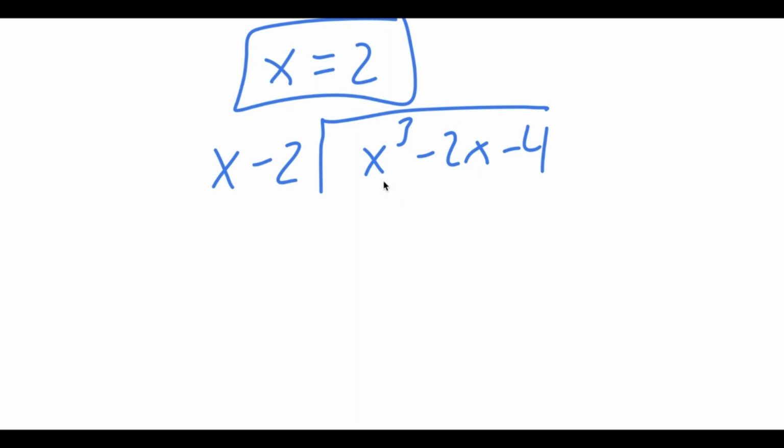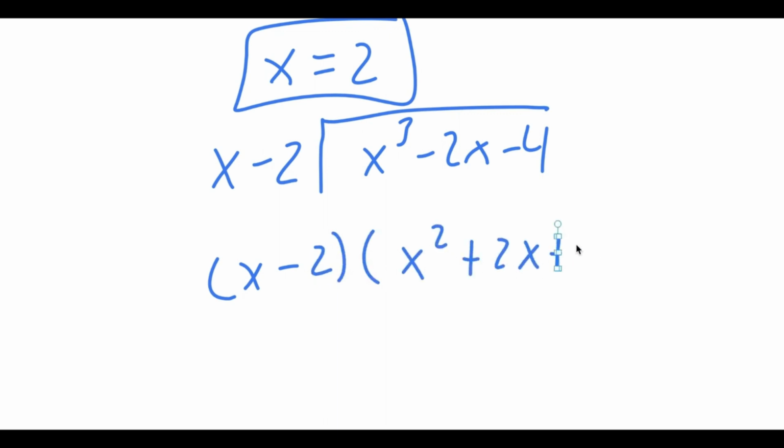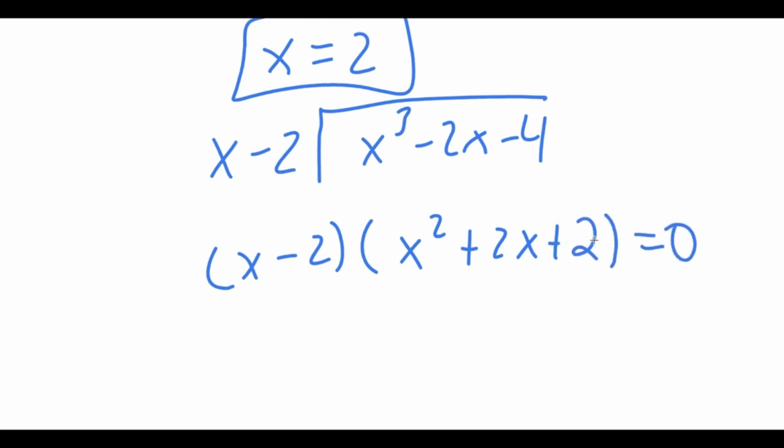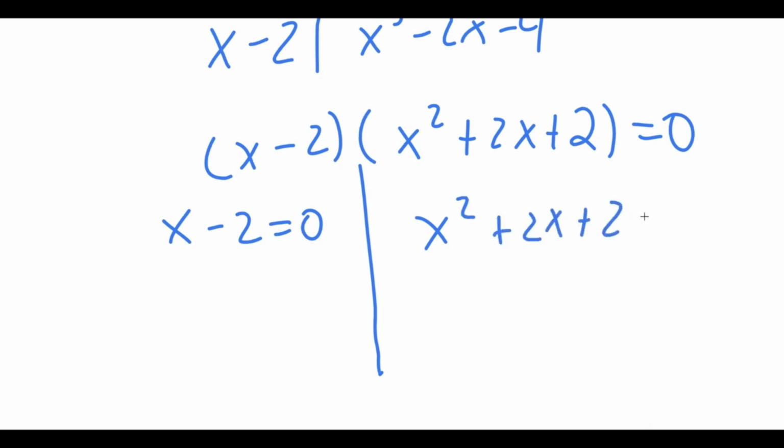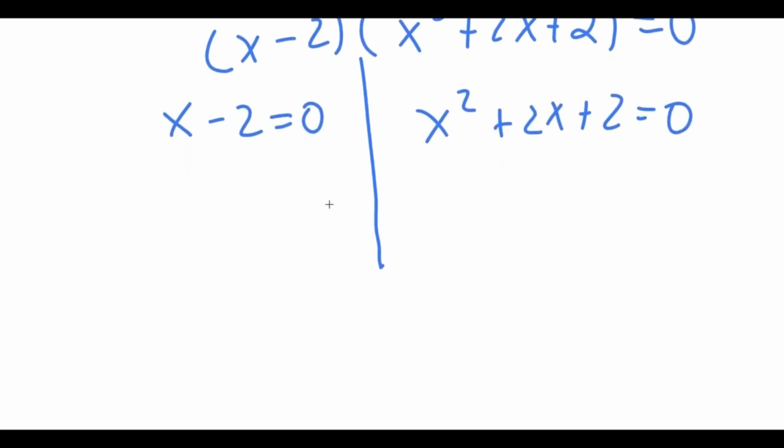And if you do this, you end up getting x minus 2 times x squared plus 2x plus 2 is equal to 0. So now this gives me two equations. I have x minus 2 is equal to 0, and I have x squared plus 2x plus 2 is equal to 0. So for x minus 2 equals 0, x is obviously equal to 2.